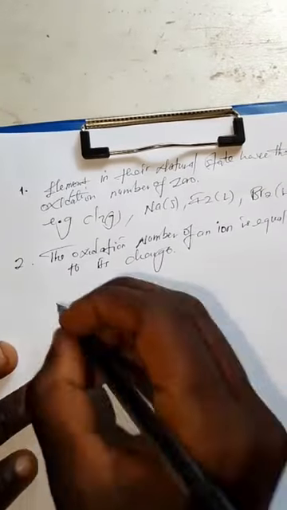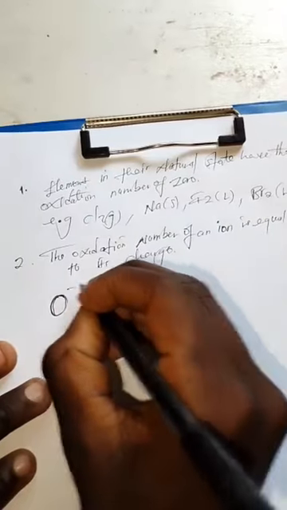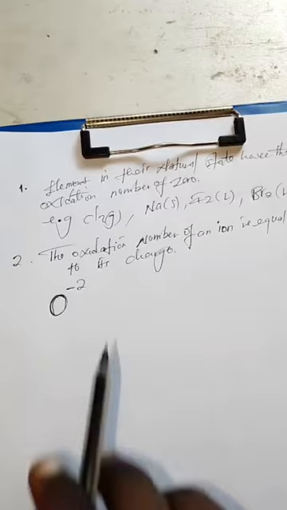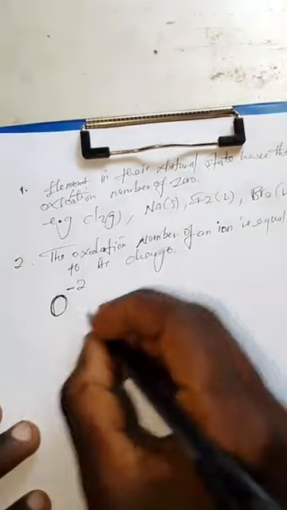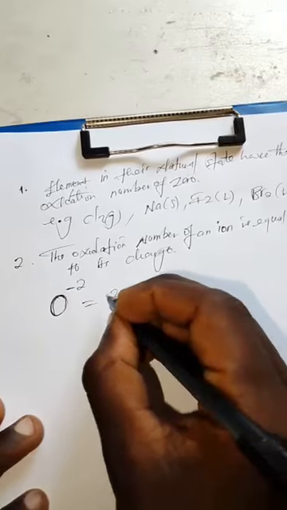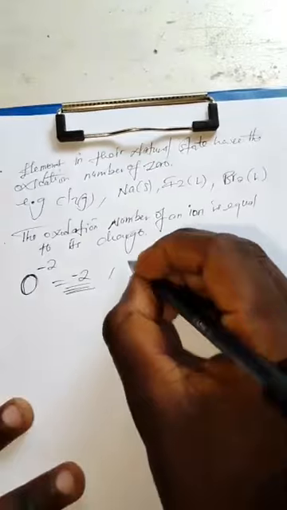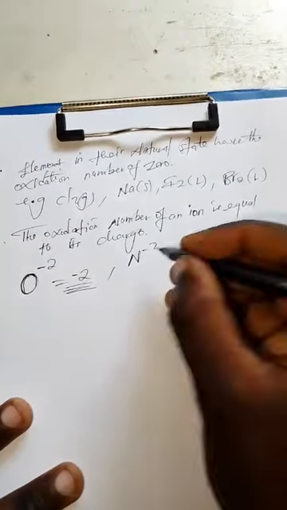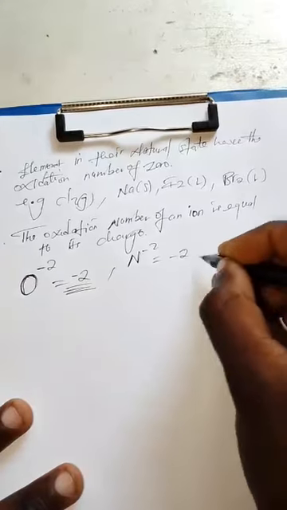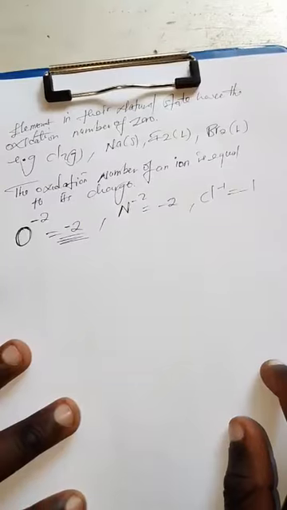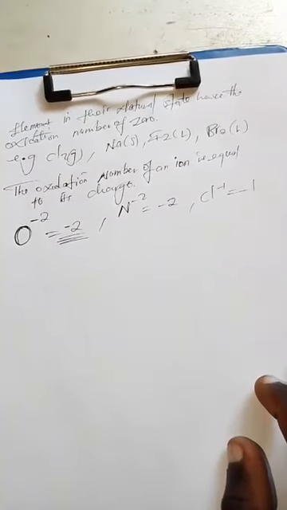Let's have an example of oxygen having -2. This is an ion, so the oxidation number of an ion is equivalent to the charge it is carrying. This has a charge of -2, so it has an oxidation number of -2. As long as it's an ion, the oxidation number will be equivalent to its charge.